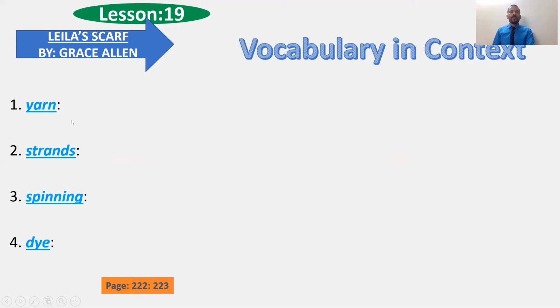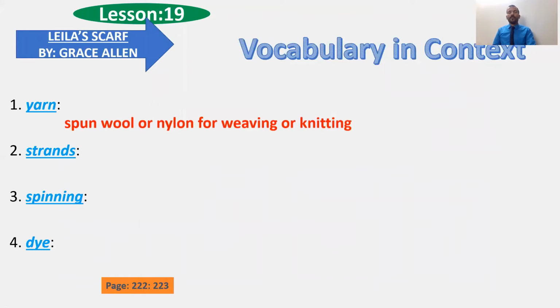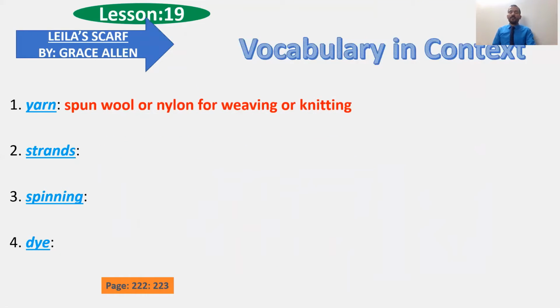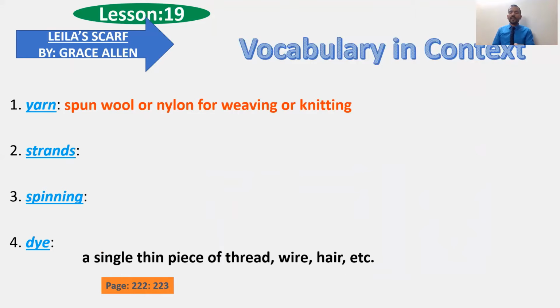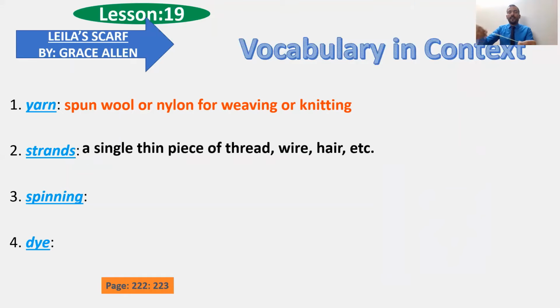Yarn means a strand of wool or nylon that I can use for weaving to make cloth. Strand means a single piece of thread. If you can see that thread, it's 2 strands. So a single piece of thread is called a strand.